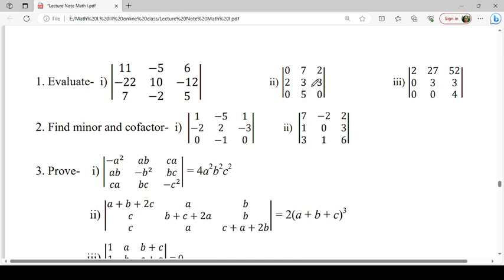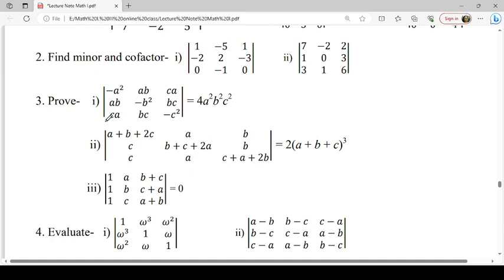It will be plus 10, so plus 10 into 2, it is 20. Here also consider only this one, 2 into this value. Actually it is 2 into 3 into 4. Then minor and cofactor, you can find it. This is for properties application.